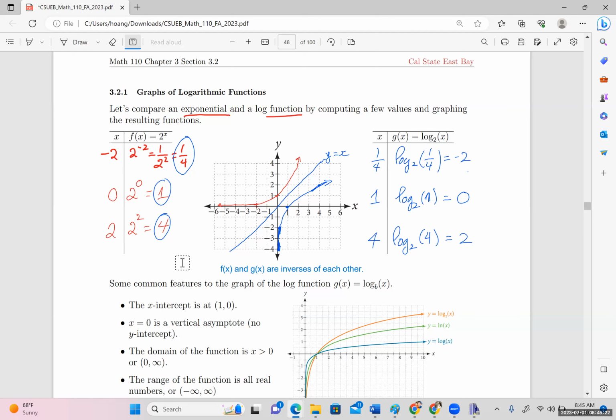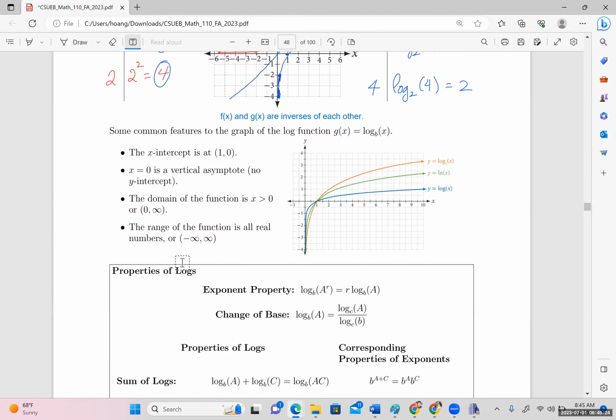They have some common features for the graph of logs. Okay, so first, the x-intercept of the log function must be 1, 0. It always goes through the x-intercept at 1, 0.